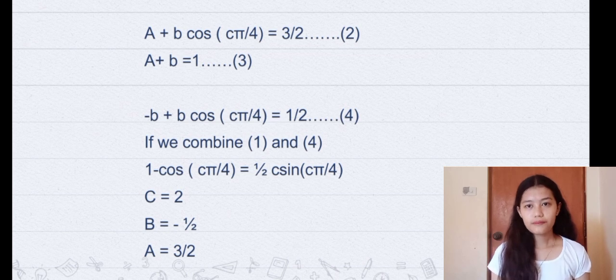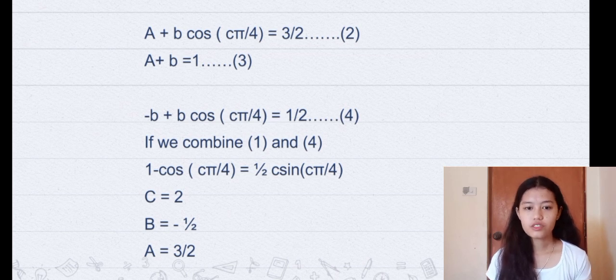If we combine 1 and 4, we get (1 - cos(cπ/4)) = 1/2 c sin(cπ/4). If we solve that, we get c = 2.